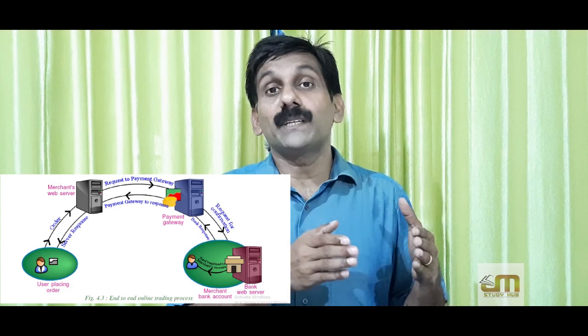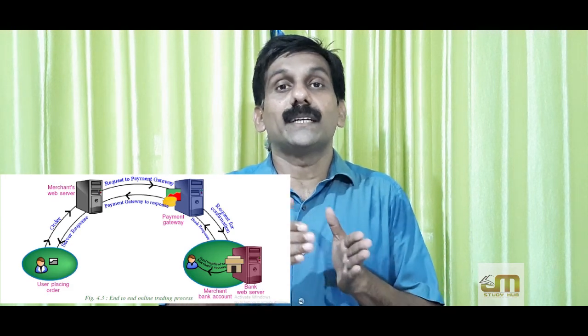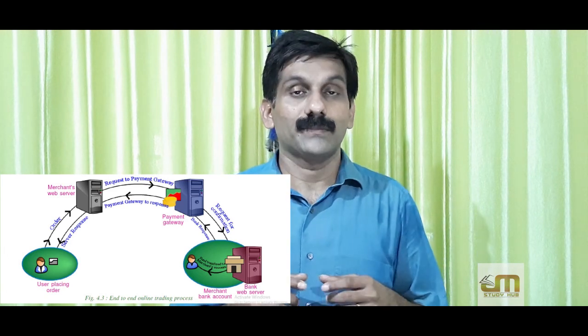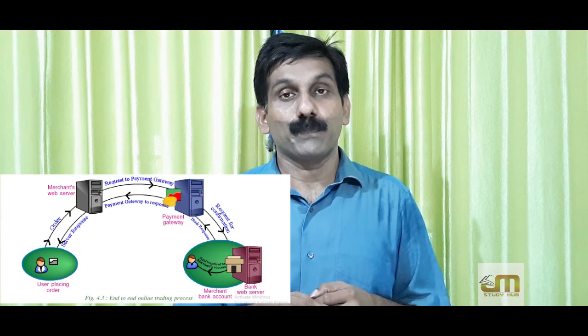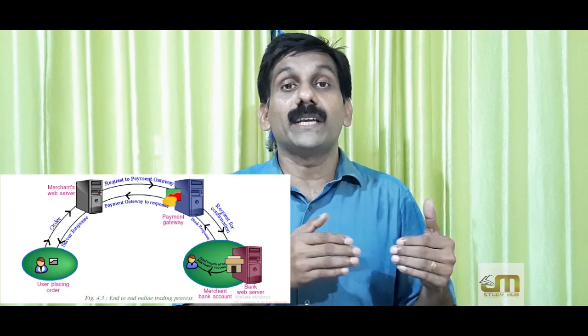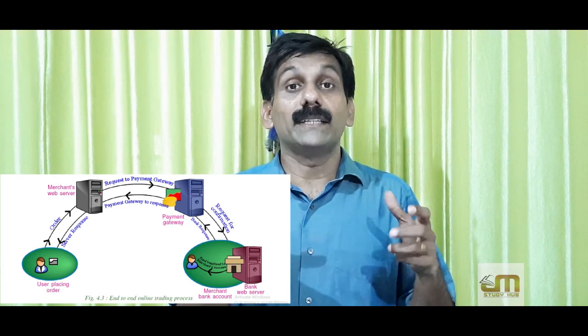The second type of web communication is web server to web server communication. For example, when you are performing a transaction on an online shopping site, the shopping site server will need to communicate with a bank server for performing the transaction. So here the merchant server and the bank server communicate with authentication and security by the use of digital certificates, as we mentioned earlier.